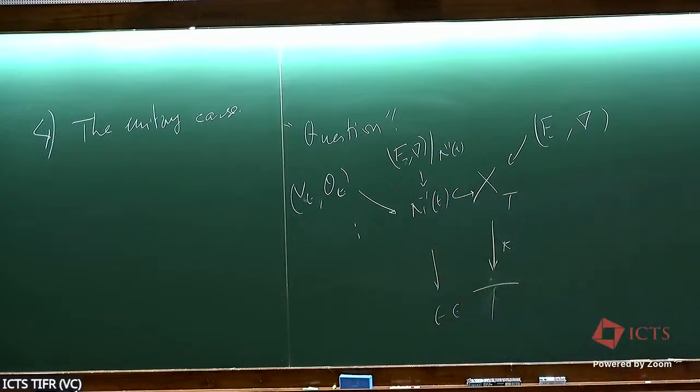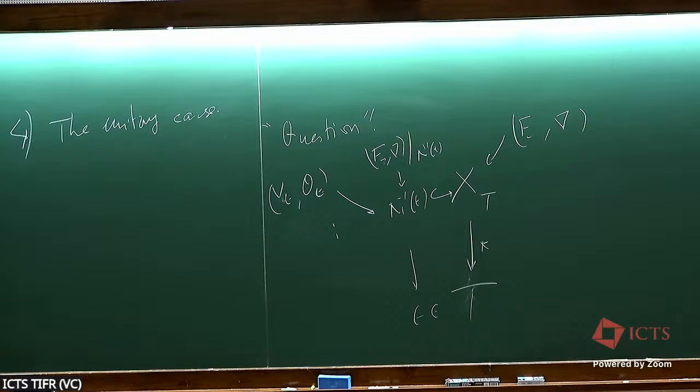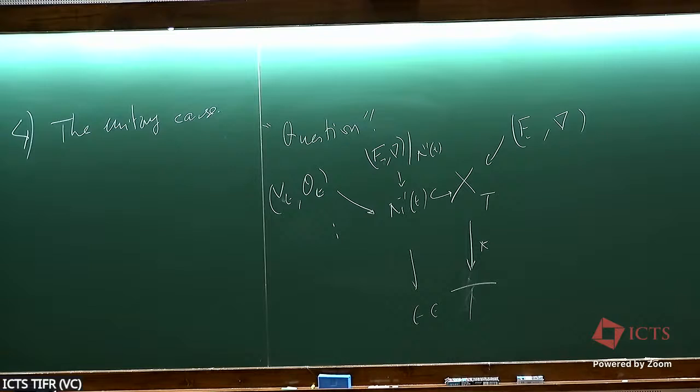So again, X_t over T. Now suppose I take nabla to be unitary. For each point T, I have the fiber pi inverse of T, and on it the Higgs bundle (V_T, theta_T).